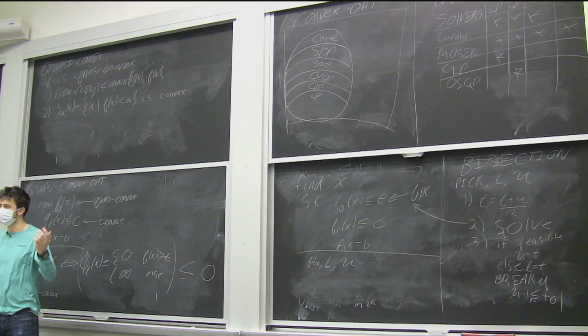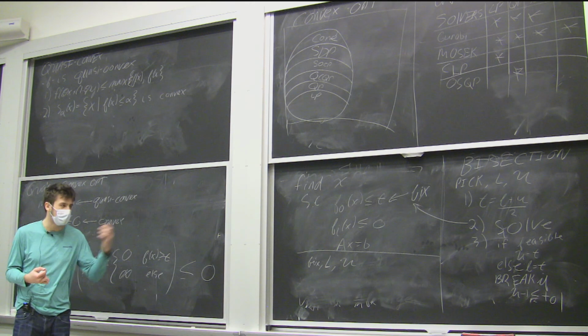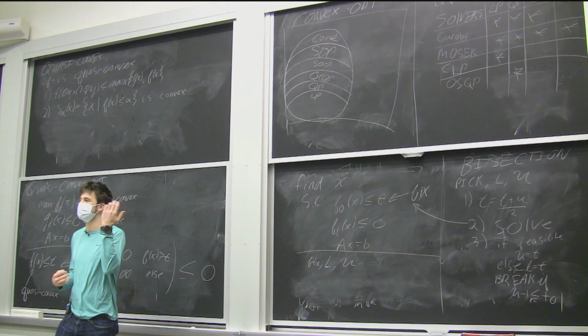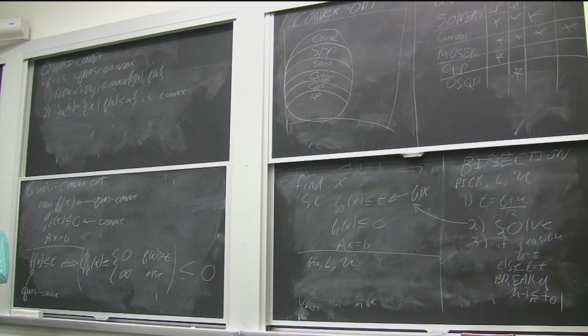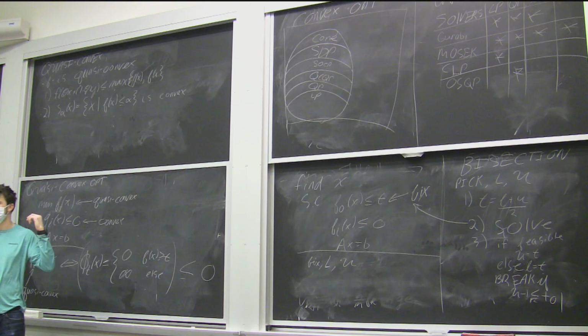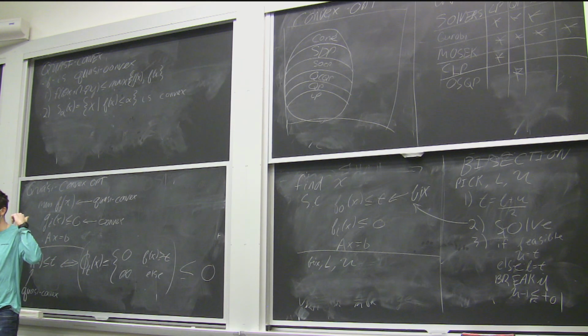One of the ways that you can talk about using optimization at scale is using convex optimization as a subroutine for solving harder problems. And so this falls under the category of using convex optimization as a subroutine, which is, in my opinion, a good idea.